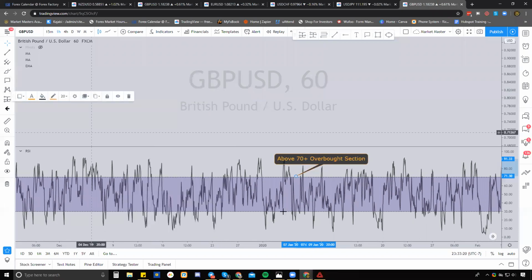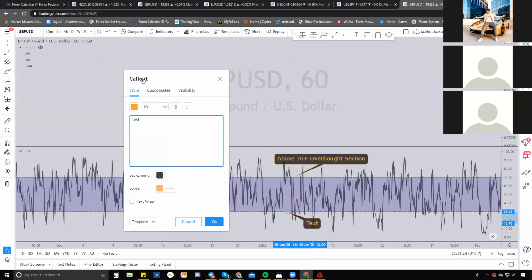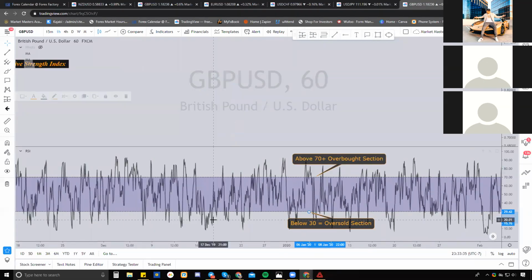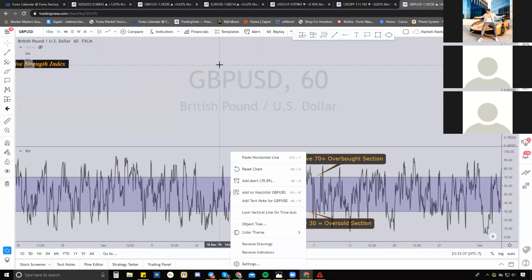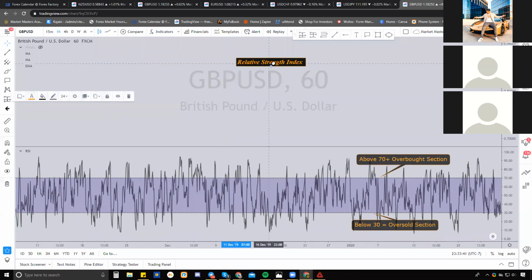And then anything below this line right here, which is the 30, below 30 equals oversold section. Now, this is an indicator that's going to help out with identifying the strength of the price.